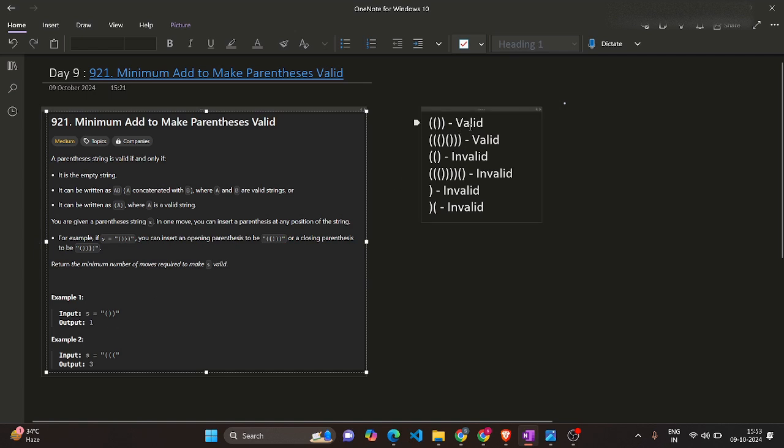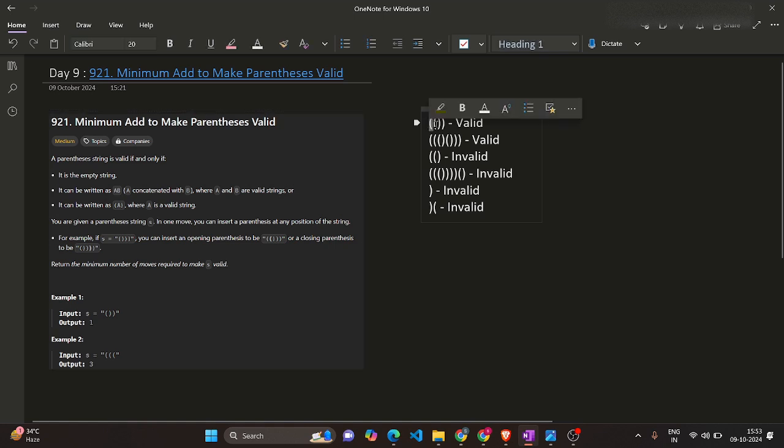So what we consider as valid is that for every open parenthesis we have its corresponding closing parenthesis. So we can see over here for these two open parentheses we have these two corresponding closing parentheses, and for this string as well.